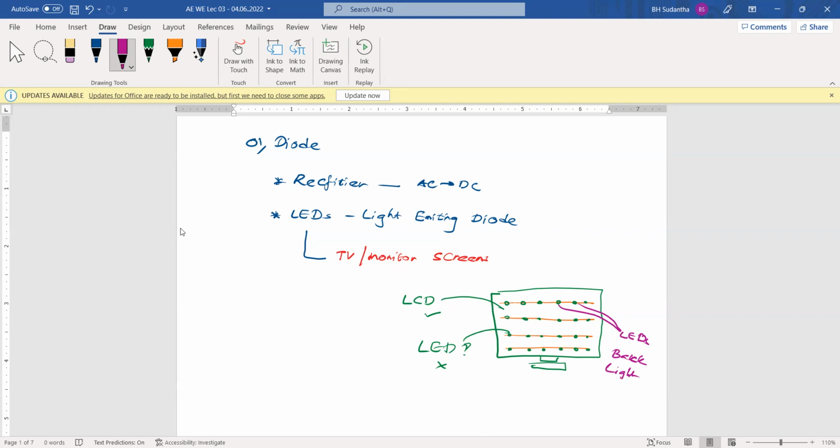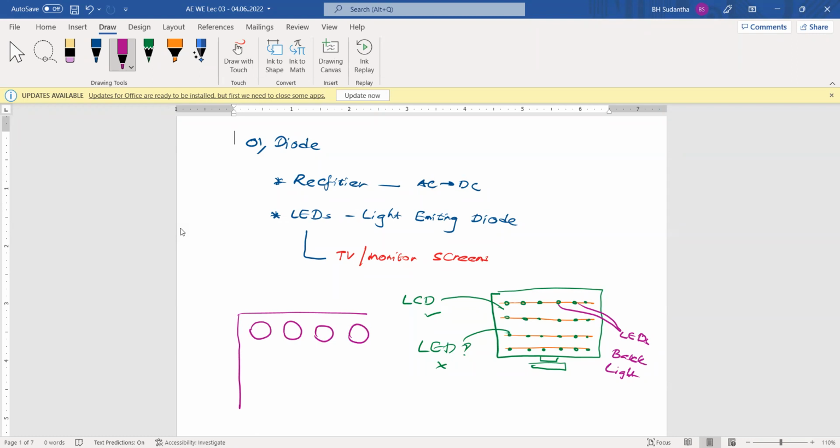Okay, but really you do have LED TVs also, though today I think you can't even reach that one. But earlier also we had LED TVs. So how did they develop these LED TVs? It's the same principle as in the LCD TV. You have small dots, and with these dots the picture is formed.